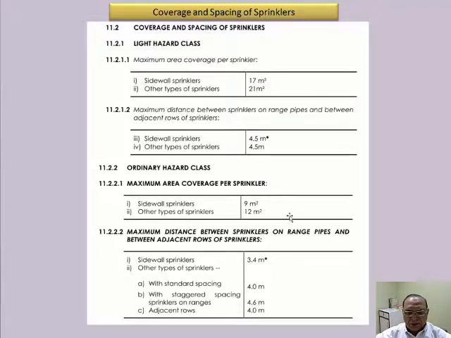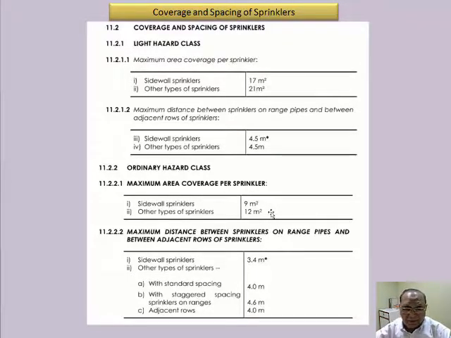For the ordinary hazard, you will notice the sidewall sprinklers are covering less area than the light hazard. This is 9 meter square, and 12 meter square for the other, that is upright and the pendant sprinklers.